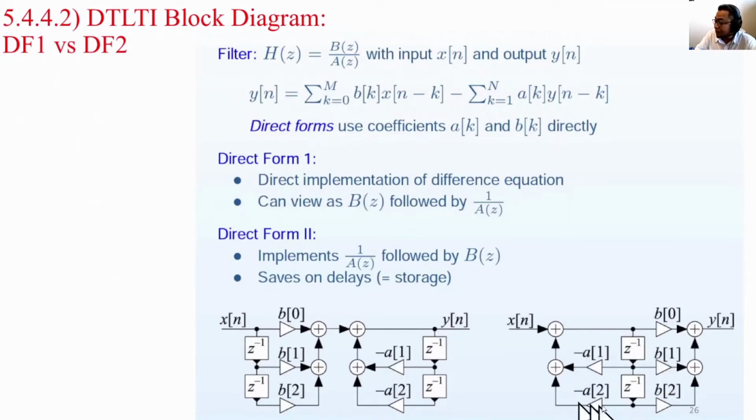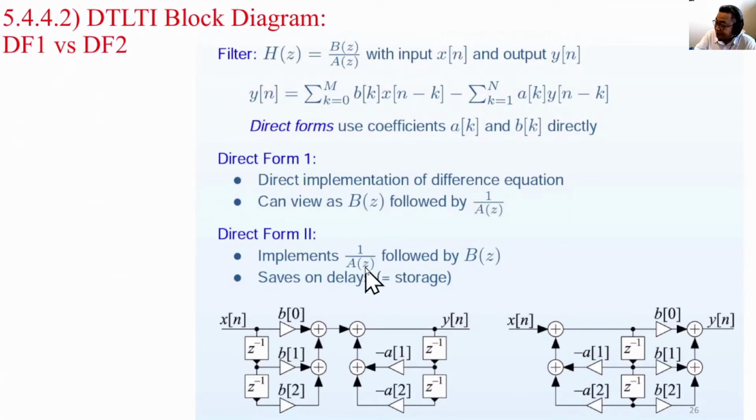This representation will result in the same y of n, but you'll realize that it saves on the number of delays. Here you need 4 delays, while here you only need 2. The equation for getting y of n out from this is identical to this. It is just a different ordering.